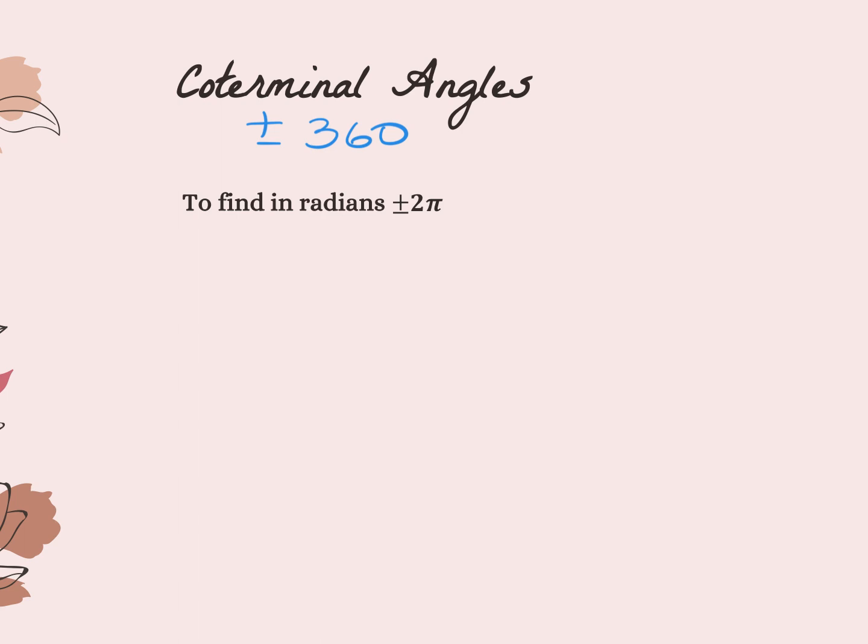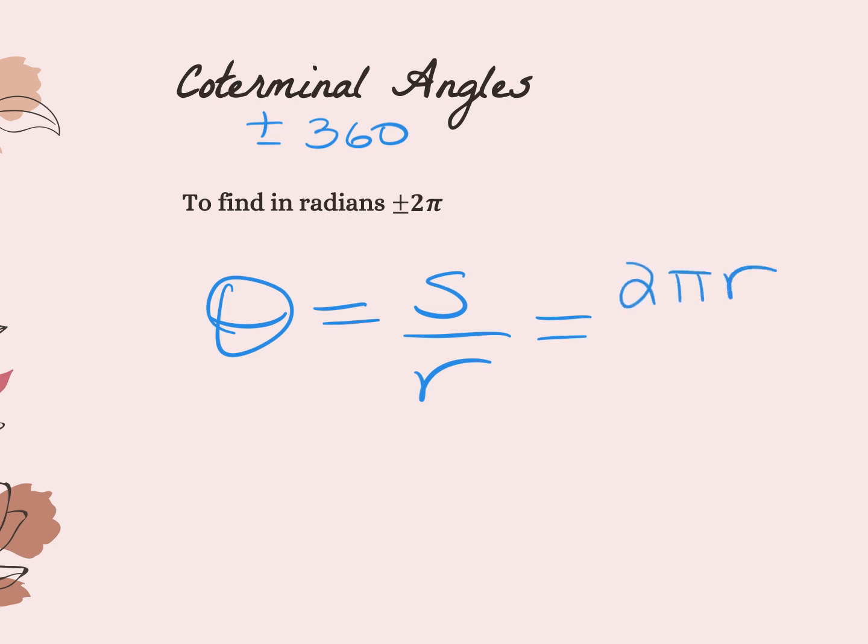If you think about it, theta is equal to arc length divided by radius. And the arc length, when it's a full circle, remember your formula for circumference was 2 pi r. If I divide that by the radius, notice what's left is 2 pi, which is 1 full turn around the circle. So a full 360 degrees or 2 pi.